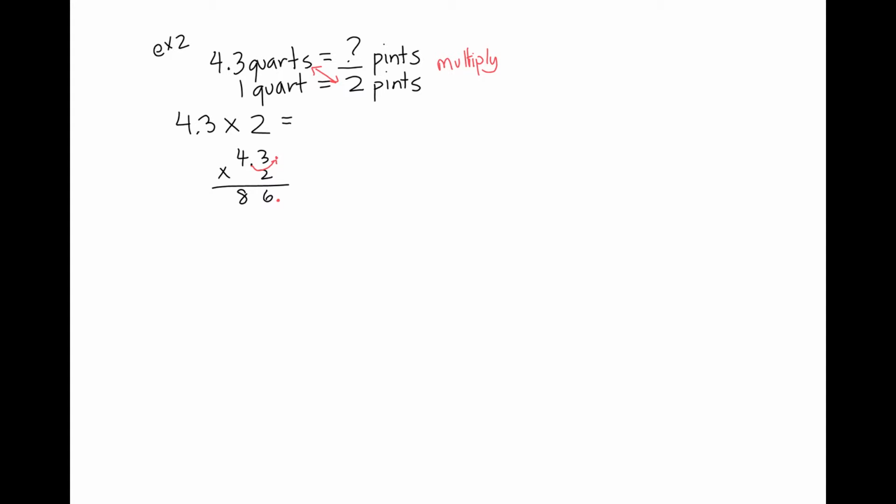And you move that decimal in the opposite direction in your answer, however many times you moved it in your problem. So this means my answer is 8 6/10. And we were looking for pints, so I need to make sure I include my units. 8 6/10 pints. Next example. Example number 3.